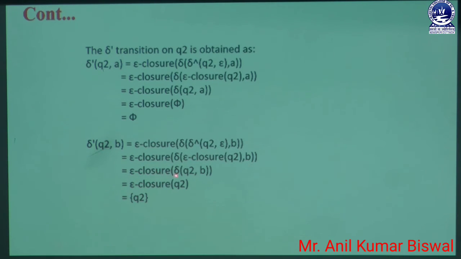Whenever the user writes the epsilon closure of the transition of Q2 comma B, we create a state named Q2. That Q2 is created due to this transition. So we calculate the epsilon closure of Q2, and finally we get the same state, Q2. So it is a general way of movement.